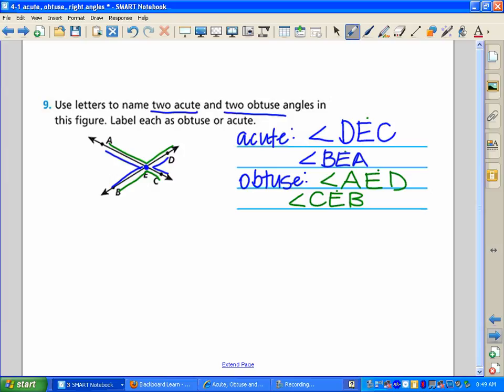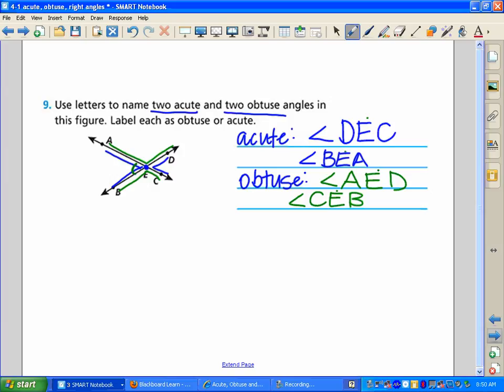Questions on finding your angles? How do we know which one's which? You just gotta look. Which one's the smaller angle, which one's the bigger angle? You just gotta do it by looking. Right here, we're looking right here. Even though this was shorter, I'm looking at this right here.